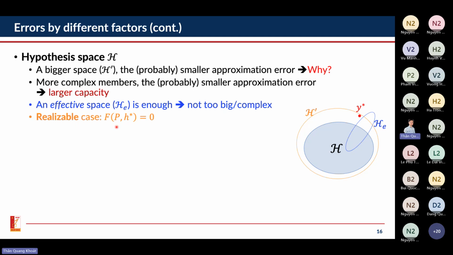There exists one member that exactly approximates, exactly fits the unknown function, right? And of course, in this case, our models should be very complex, right? Any question?